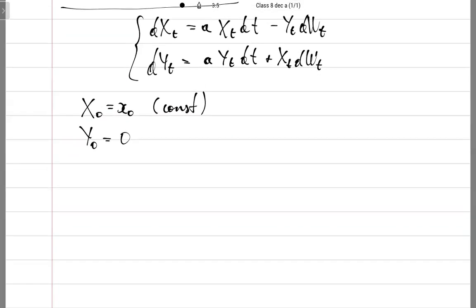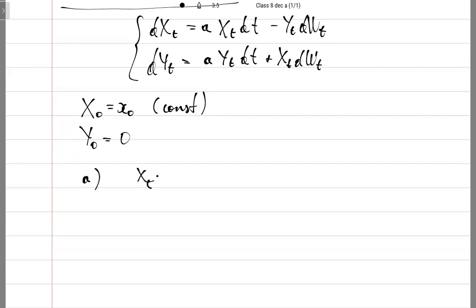And the question A says that we need to find the solution of this stochastic differential equation, but not all solutions, only solutions with some specified form.